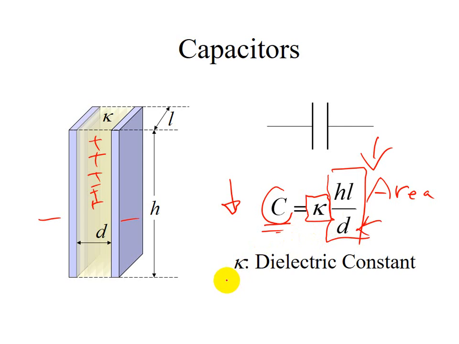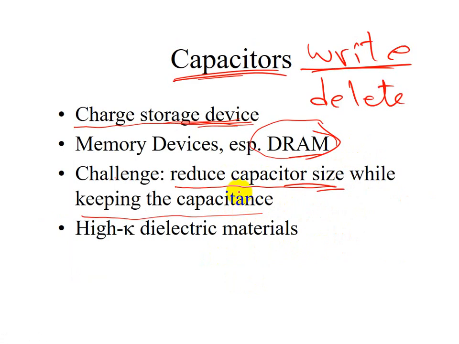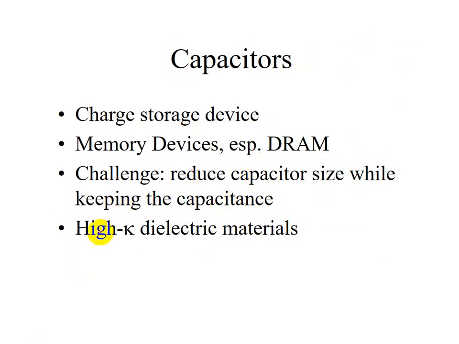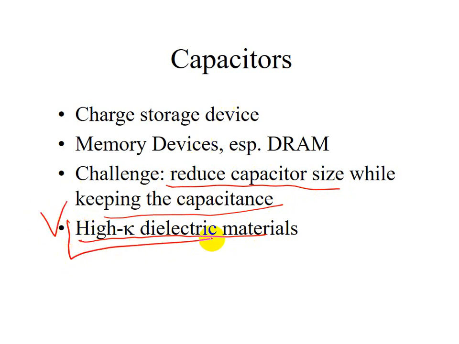So you need to develop high K dielectric materials while reducing the size of your geometry, so it can hold up the capacitance of that capacitor. So that's why you need to develop high K dielectric materials to keep up the capacitance while reducing the capacitor size. Okay, this again, you need to develop high K dielectric material because it is used as a charge storage device.